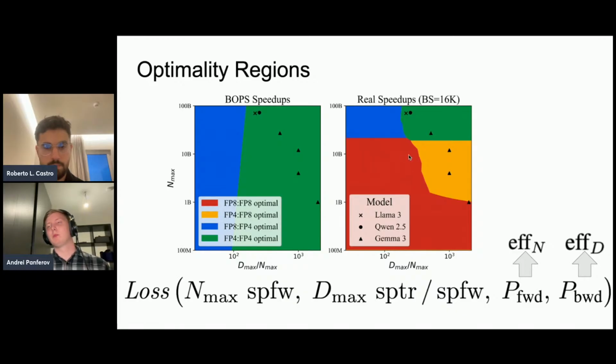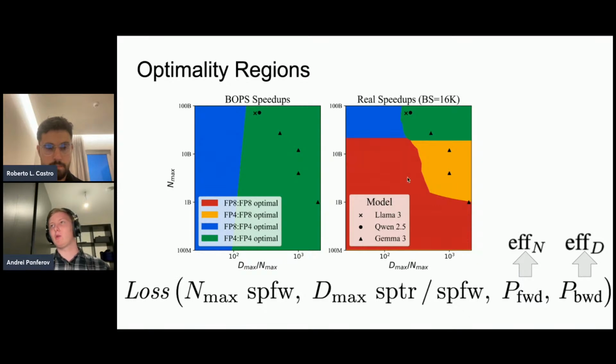And on the plot on the right, you can see these regions plotted under the real measured speedups for the kernels that we produced, meaning that these regions show, under real-world inference speed, which compute-cost-normalized method would produce better accuracy under certain compute constraints. And you can see that we plotted some of the models that have been published recently, such as Llama 3 or Qwen 2.5 or Gemma 3 on this plot.